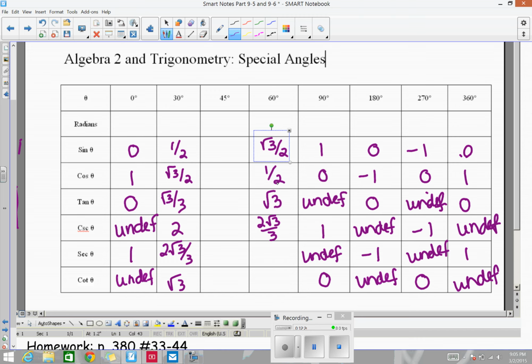Secant, reciprocal of cosine. Cotangent, reciprocal of tangent, and we did that over here. When we move this, we make it 1 over the square root of 3. Take the reciprocal, 1 over the square root of 3. Rationalize it. One more to go.